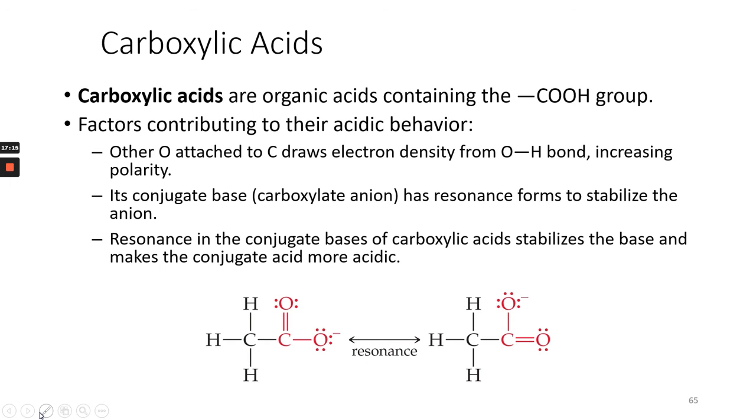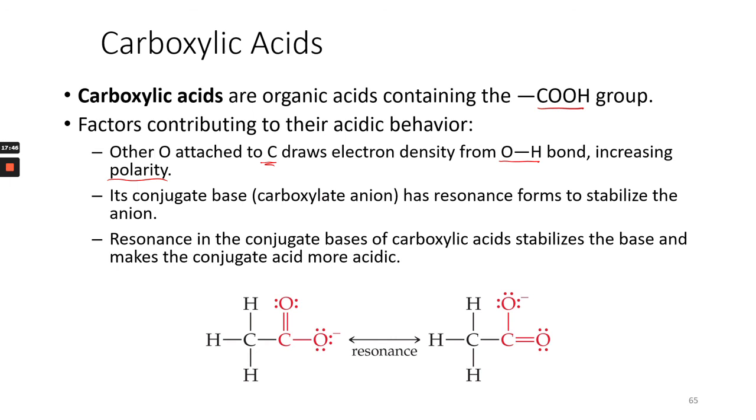There's a special type of acid called carboxylic acids. They are organic acids containing the COOH group. So, factors contributing to the acidic behavior of these groups. Other oxygens attached to the carbon will draw the electron density from the OH bond, increasing the polarity.